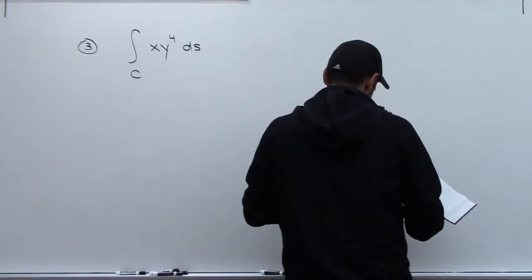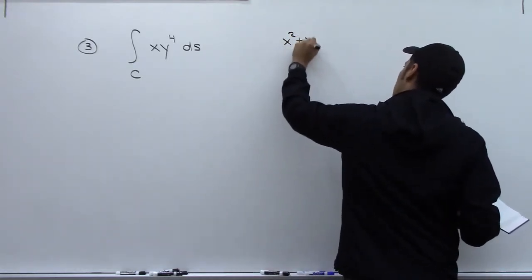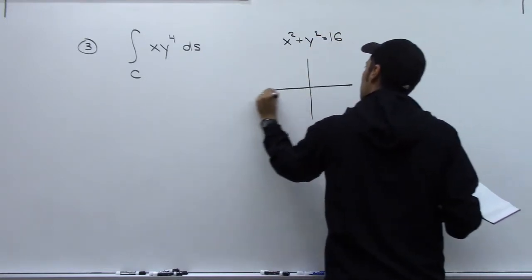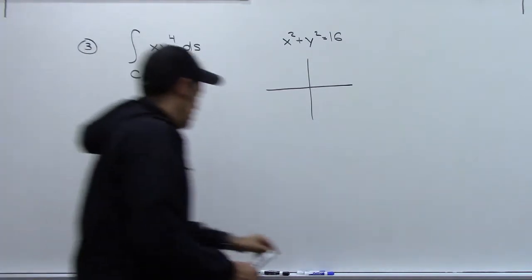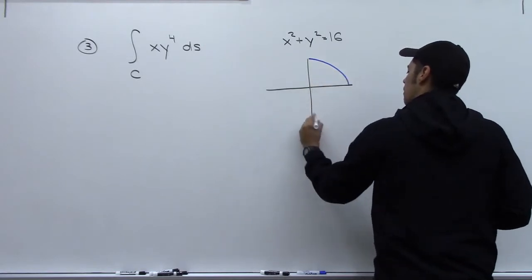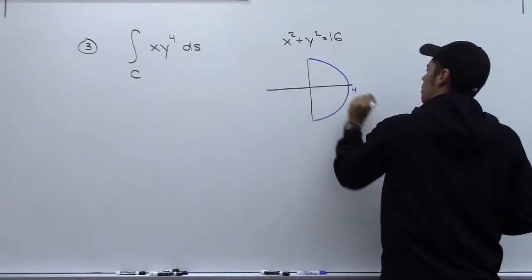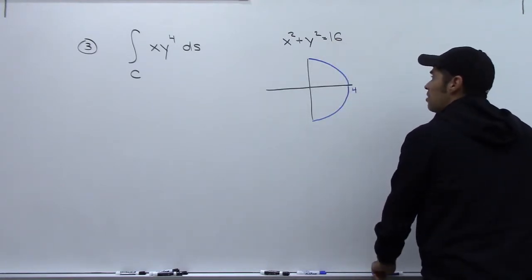And C is the right half of the circle, x squared plus y squared equals 16. So if I graph this, it's the right half of this circle. So we're talking about here, radius of 4 because we've got 16 there. So that's our curve C.